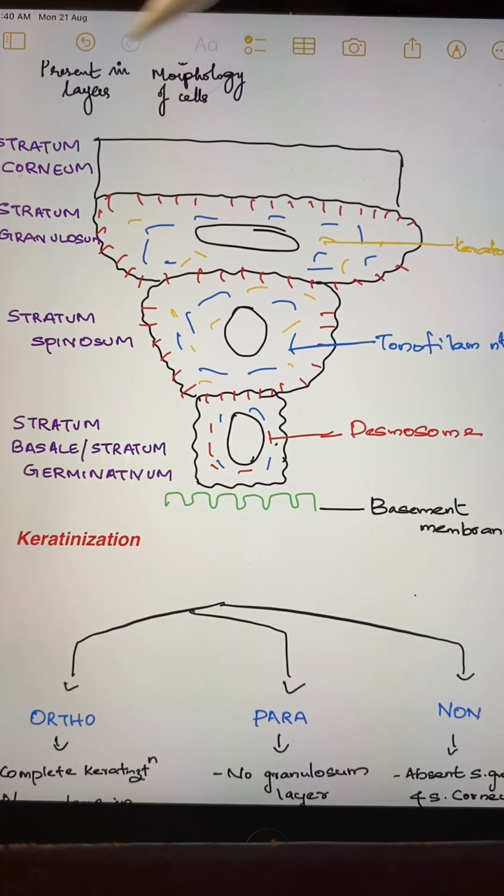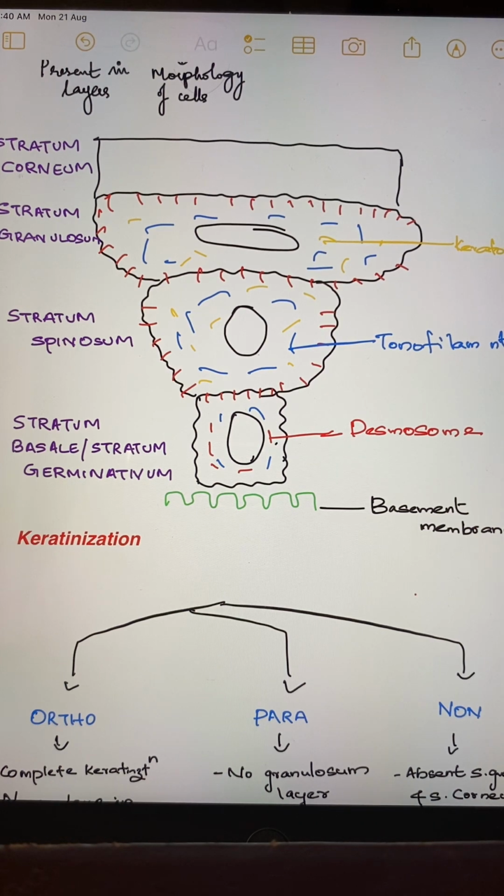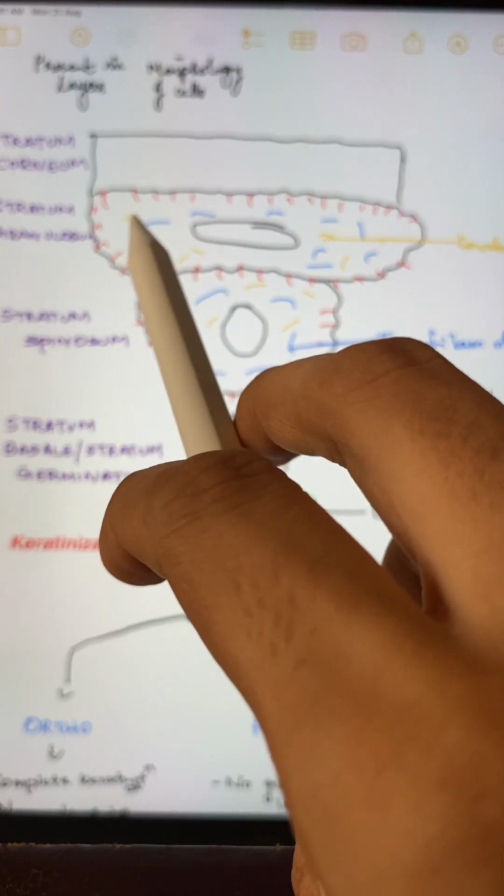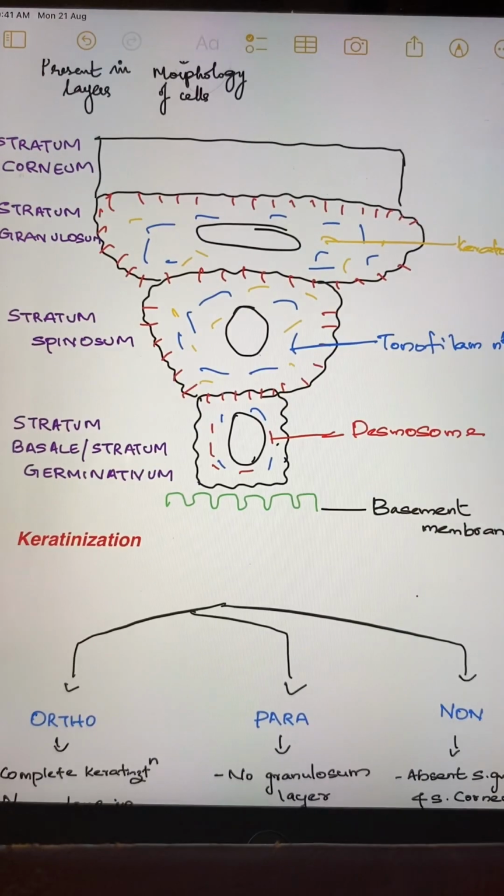Then the uppermost layer is the stratum corneum. It is a larger and flatter layer than the granulosum layer. All nuclei and other organelles such as ribosomes and mitochondria have disappeared in this stratum corneum layer, and keratohyalin granules have also disappeared. The cells of the cornified layer are composed of densely packed filaments developed from the tonofilaments.